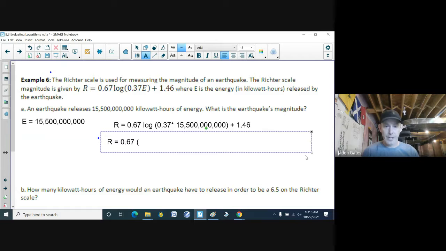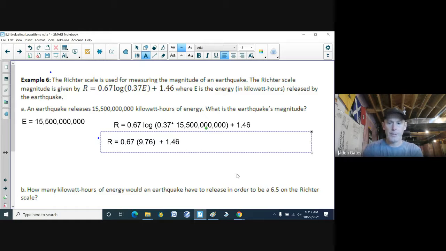Clear. 15, 5, 0, 0, 1, 2, 3, 4, 5, 6. Times 0.37. I take the log of that number, and I get 9.76. And then again, plus this 1.46.